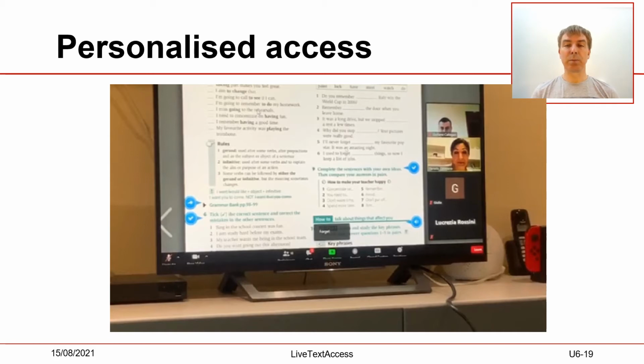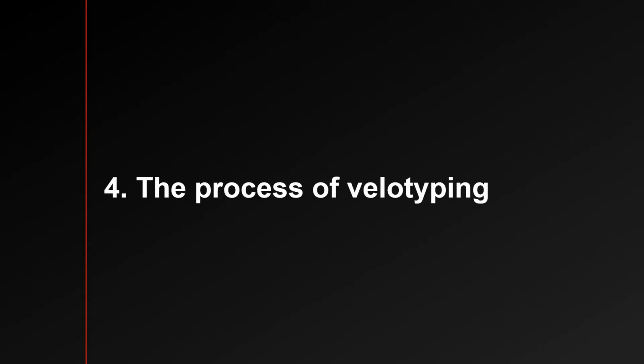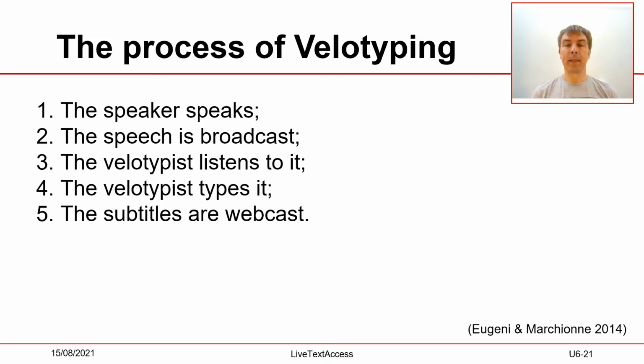The teacher speaks English and Italian alternatively. Section 4. The process of velotyping. One other thing that you may not know is that there are different types of approaches and workflows involving velotyping that we will see along the module.